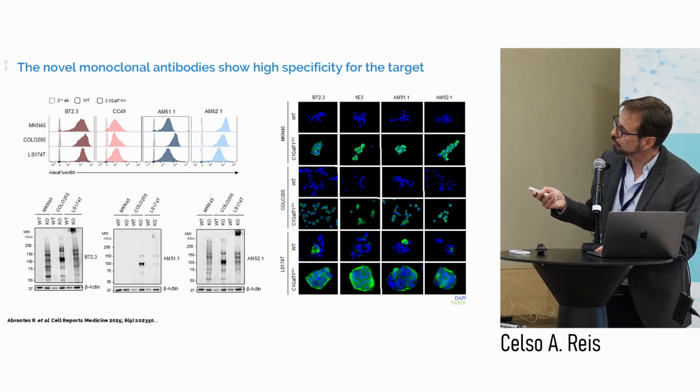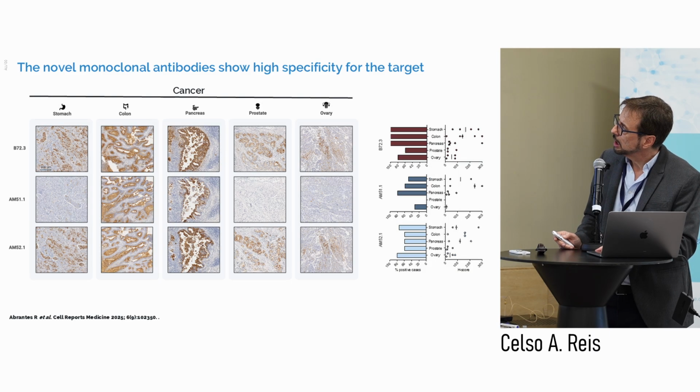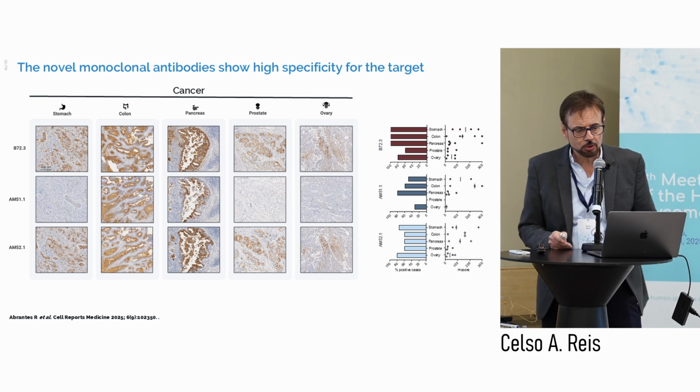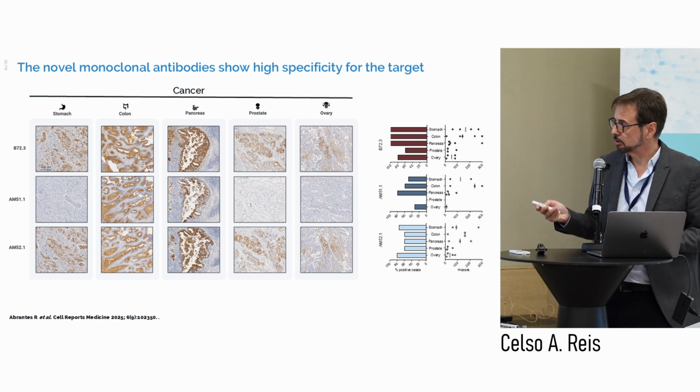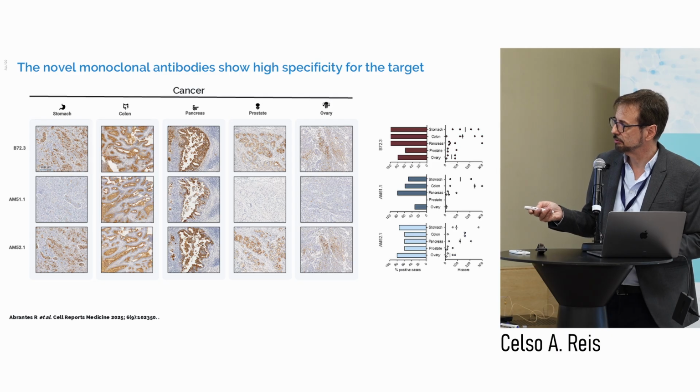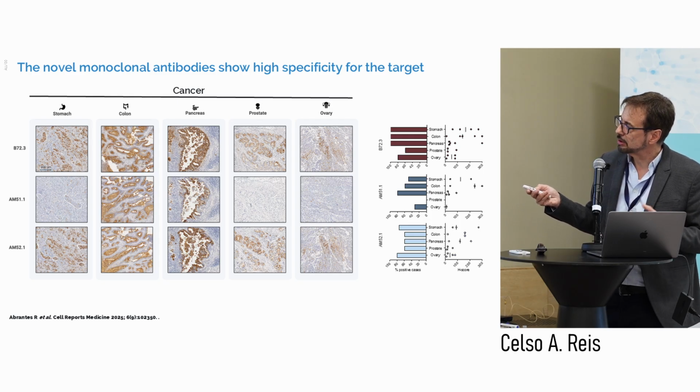So this is by flow cytometry detection of the cells by the two new clones and comparing with the established antibodies. And when we analyze the tumors, the clone that was very specific, the 52, showed highly detection of the target in the cancer context.